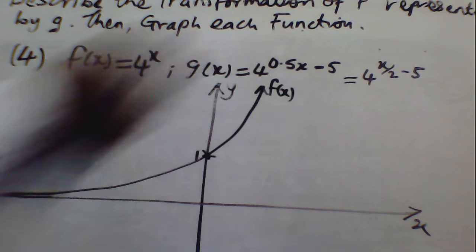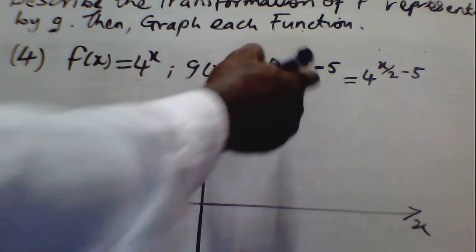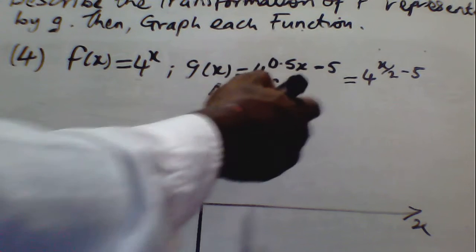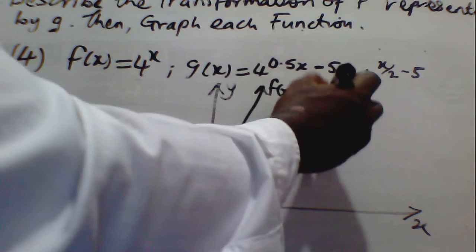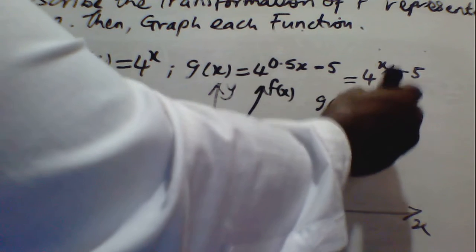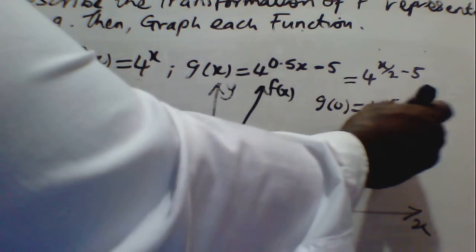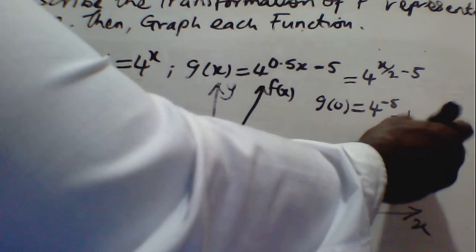Let's say x equals 0. If you put 0 here, you have g of 0 equals 4 raised to power minus 5. This will give us 1 over 4 raised to power 5.